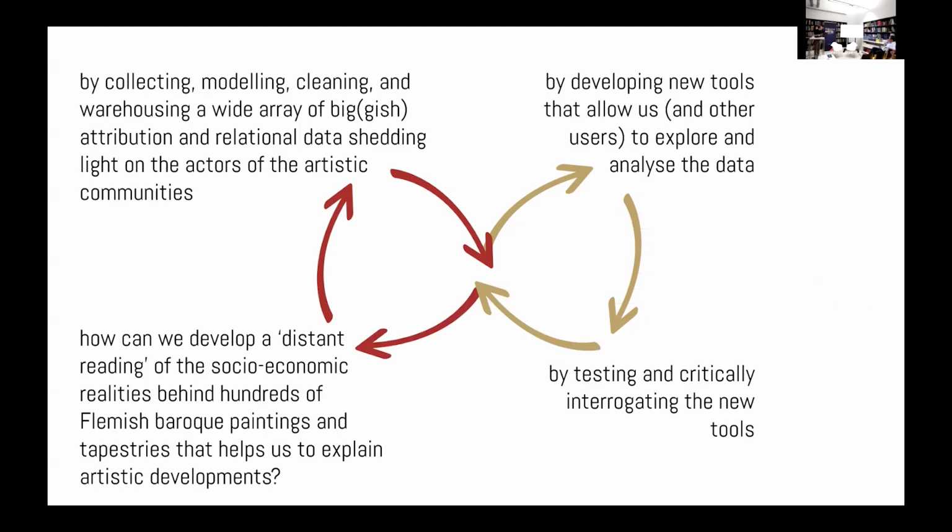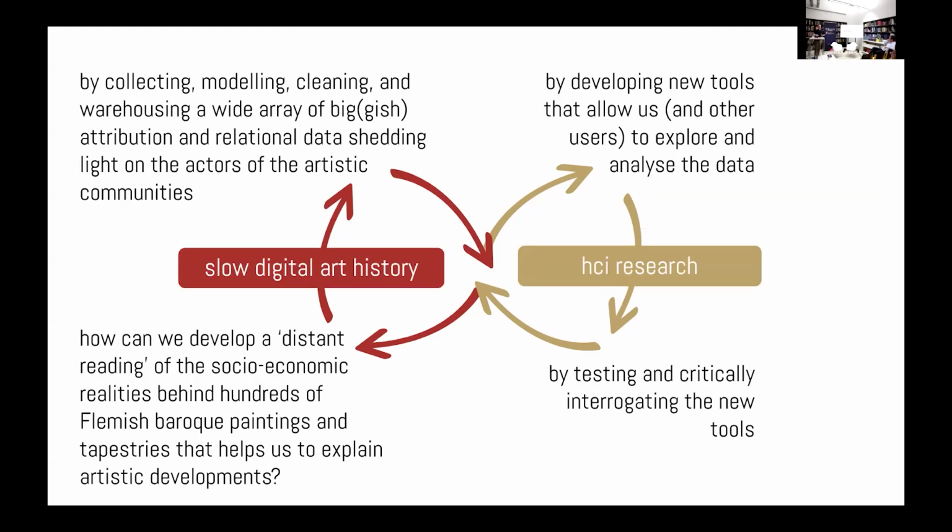And so every now and then we try to use the new tool or the new demo and go back to the question, right? And so we have slow digital art history, but we also have proper human-computer interaction research. Because one of the things that I always felt was important is that we are not creating a new encyclopedia of 17th century artistic communities in Flanders and the Netherlands.